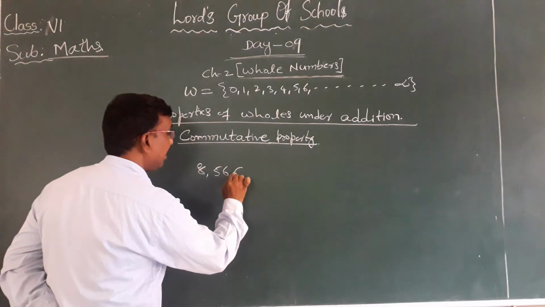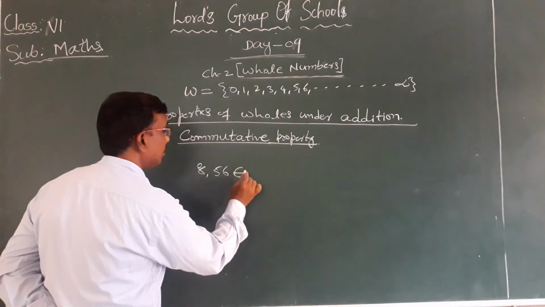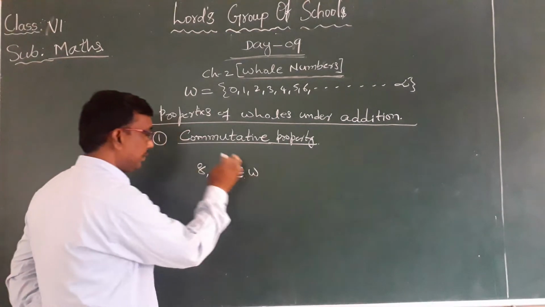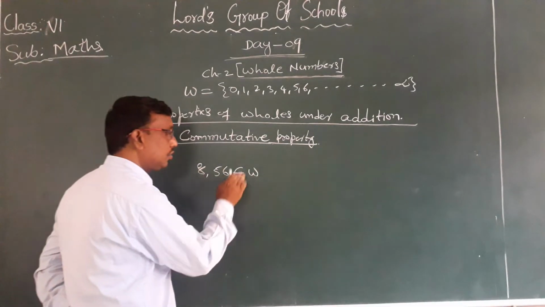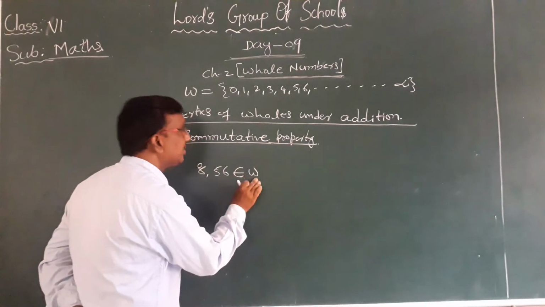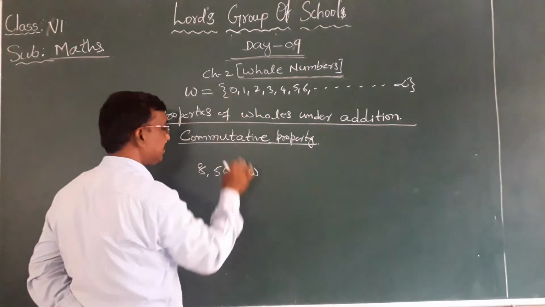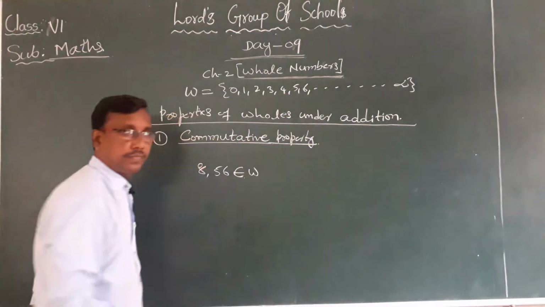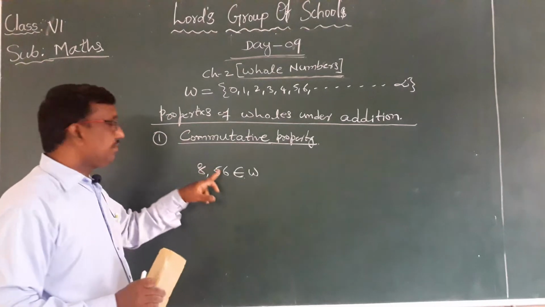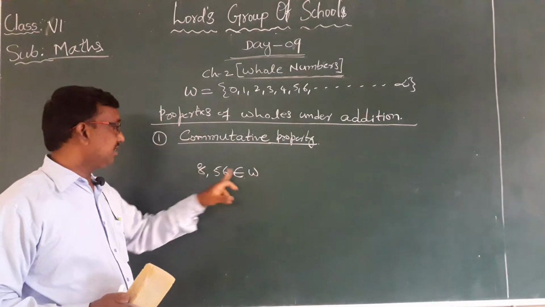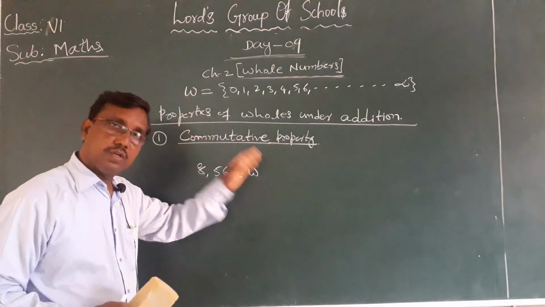This symbol says belongs to the set of whole numbers. 8 and 56 belong to W. What is W? W is the set of whole numbers. Means 8 and 56 are any two whole numbers which lie in the set of whole numbers. Understood? 8 and 56 belong to W.